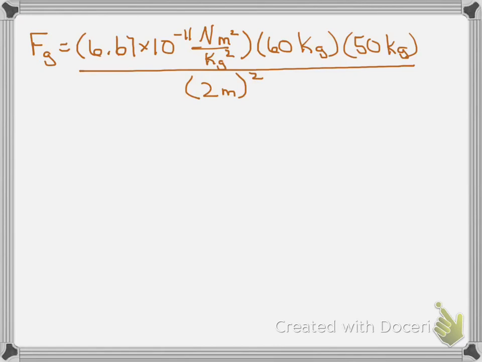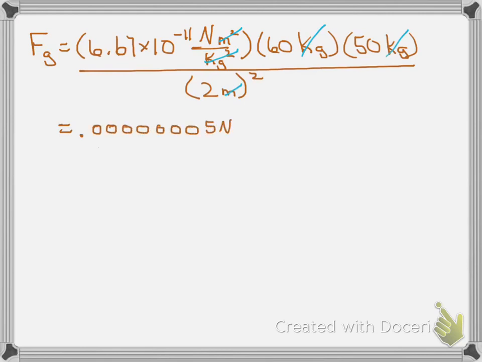Then I've multiplied by kilograms times kilograms. So the kilograms cancel the kilograms squared. And in the denominator I have meters squared, which cancels with meters squared, and this is going to leave me the unit of newtons only, which should make sense because force has units of newtons.